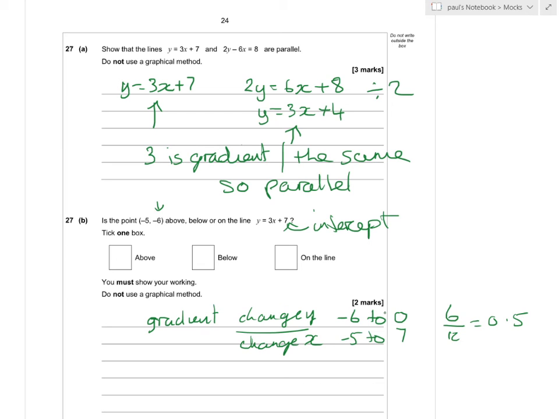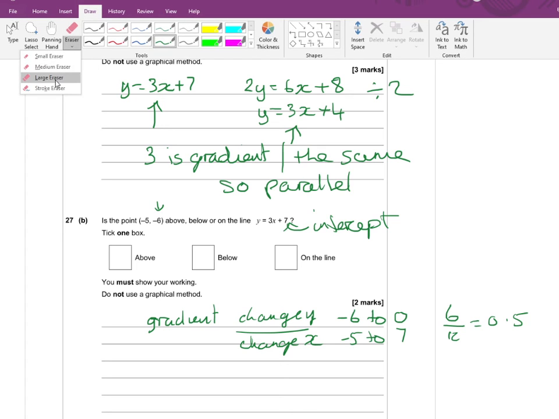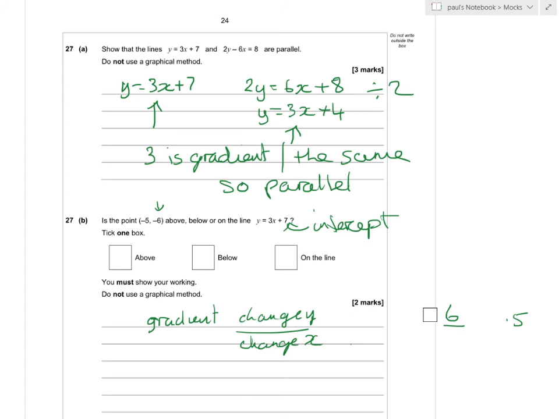Changing y. I've got the y's and the x's. Hang on. Yeah, I'm on the right sort of thing. Yeah, let's have a look.